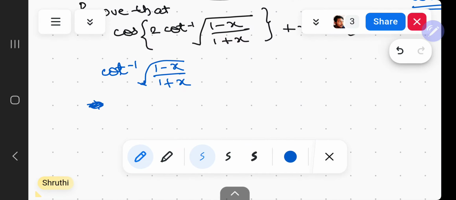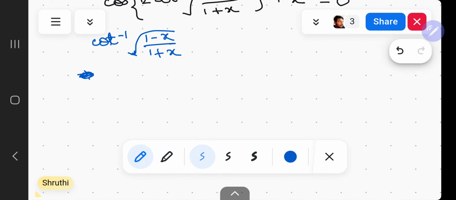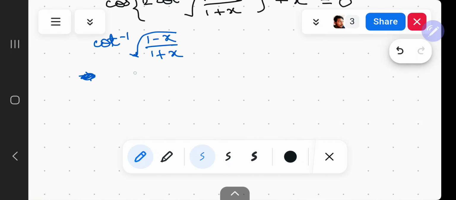Okay. Now I'll assume that x is equal to sine theta.